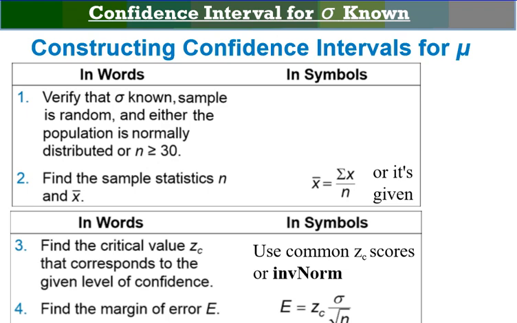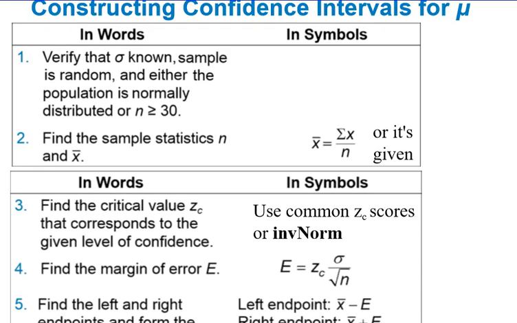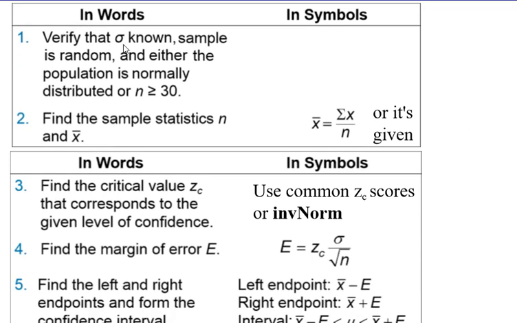Here are the following steps, and this is shared in the book. The first thing is that we need to verify that our population standard deviation is known, our sample is random, and either our population is normally distributed or we have a large sample, large enough being greater than or equal to 30. We need that middle point, the sample mean, so we either calculate it or it'll be given to us. We need to find that point estimate.